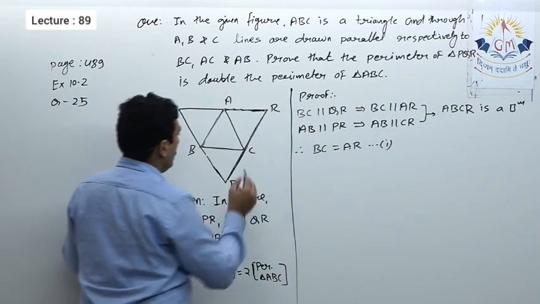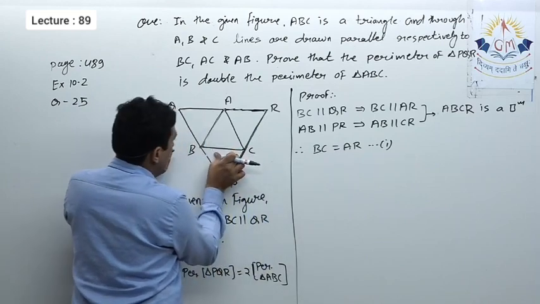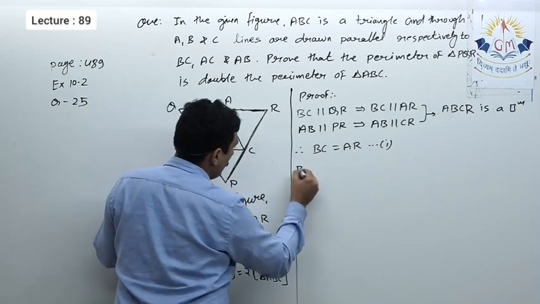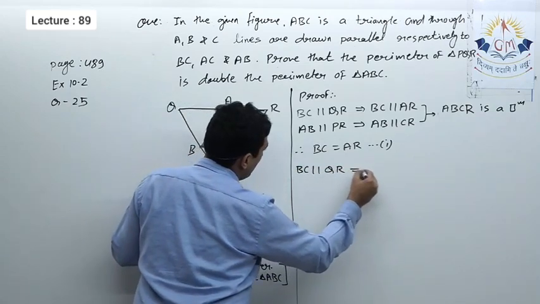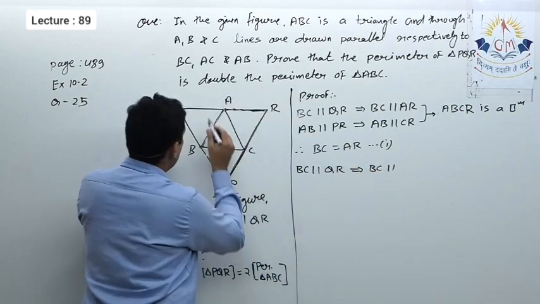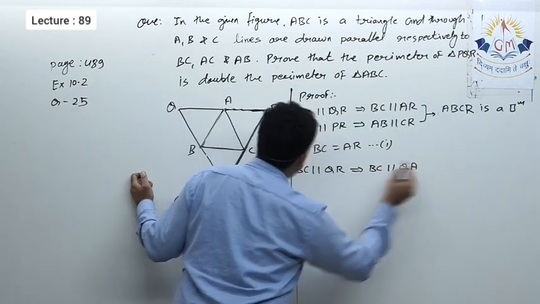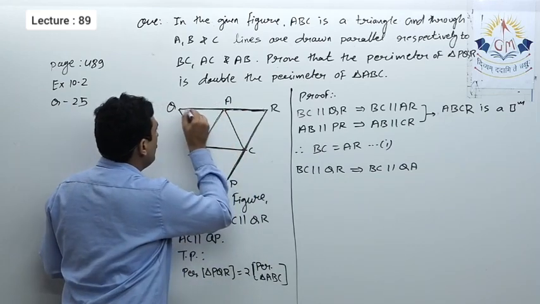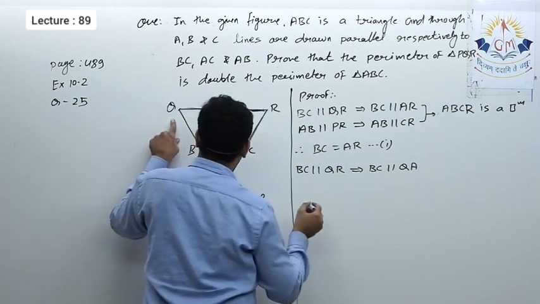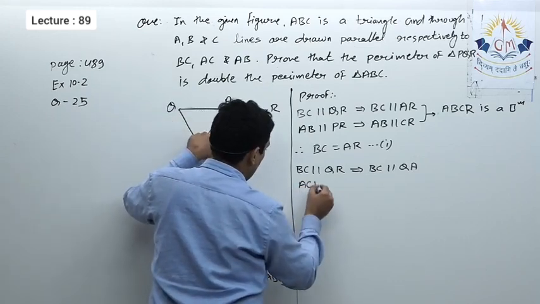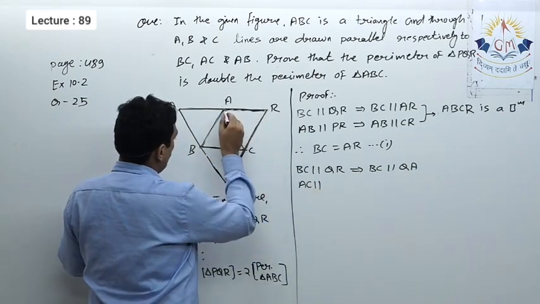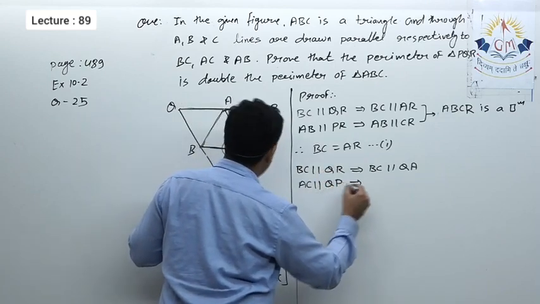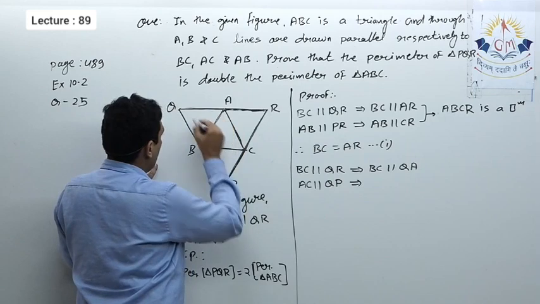Now again I have BC parallel QR, that implies BC parallel QA. Now I have AC parallel to QP, that gives me AC parallel QB.